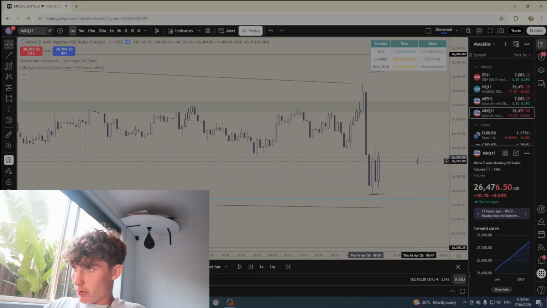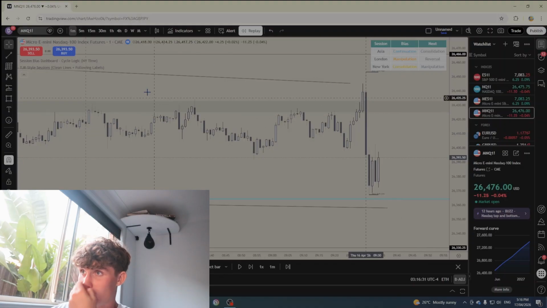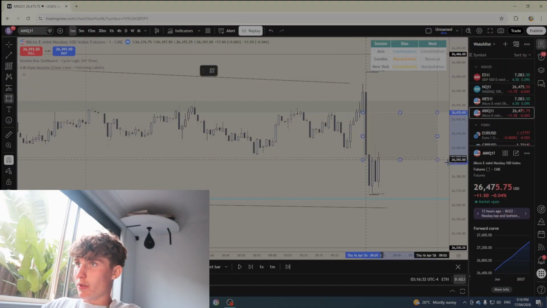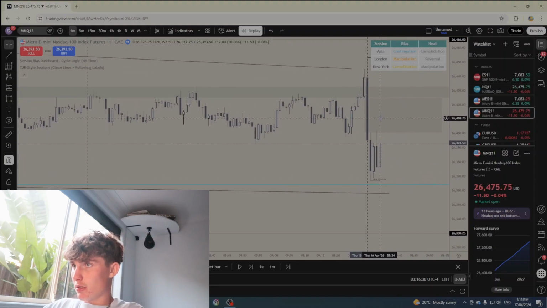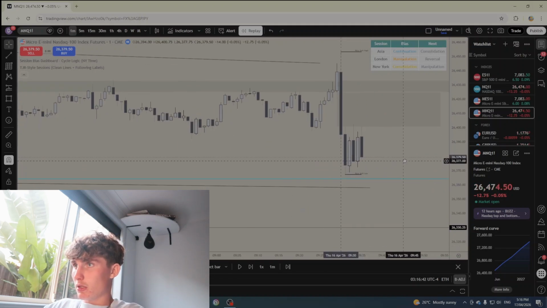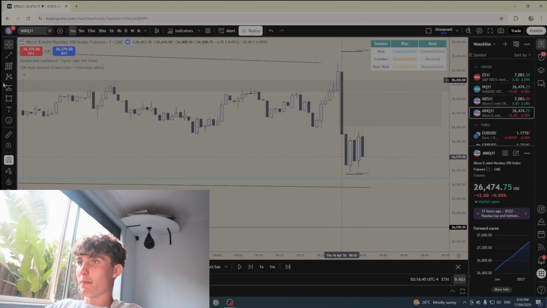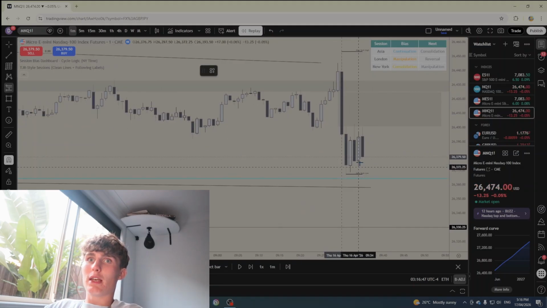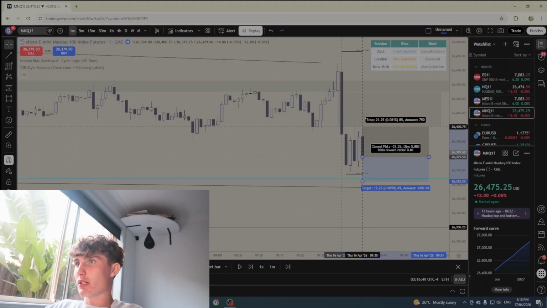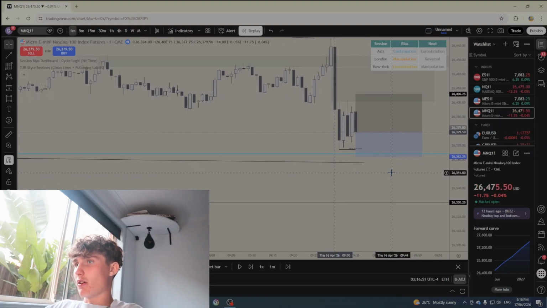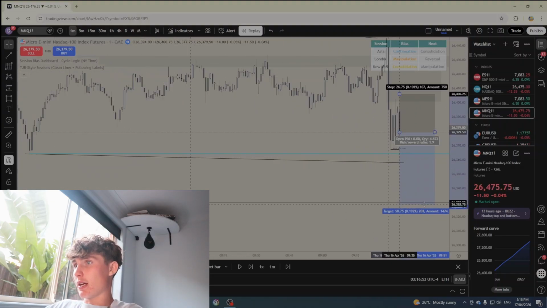Now we can look at this and go, we filled this gap, got a retrace, move up, move down, move up, play one more candle, and we're getting a bullish move out. There could have been a potential short entry, though I would be more convinced by the other entry.